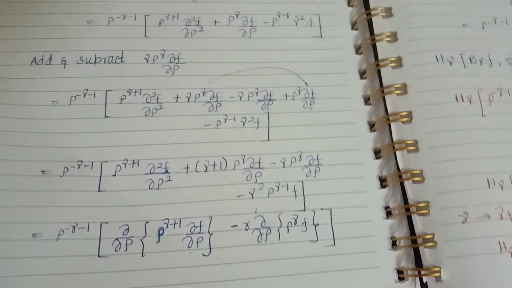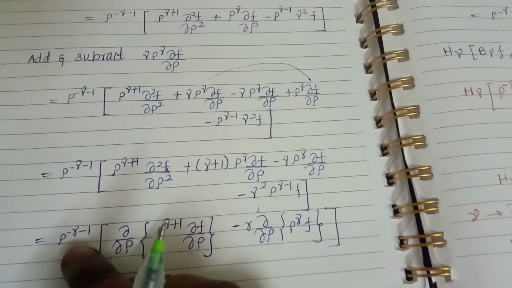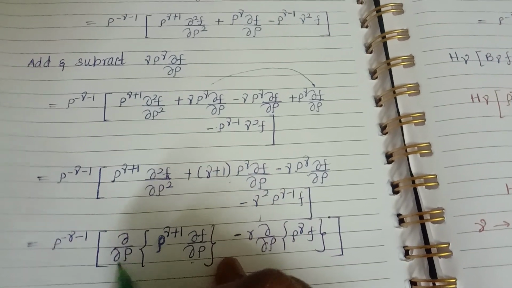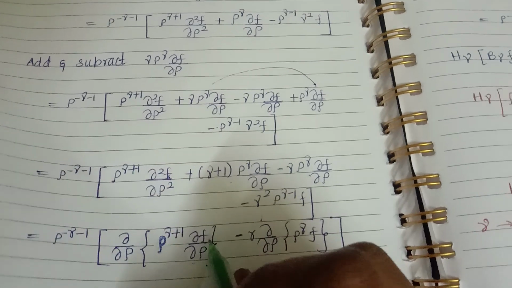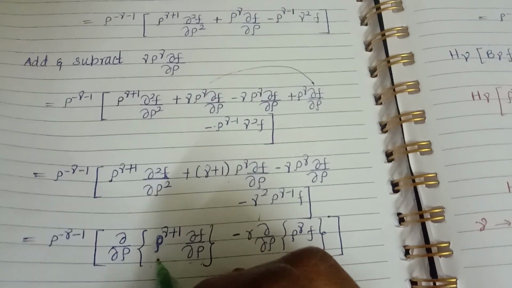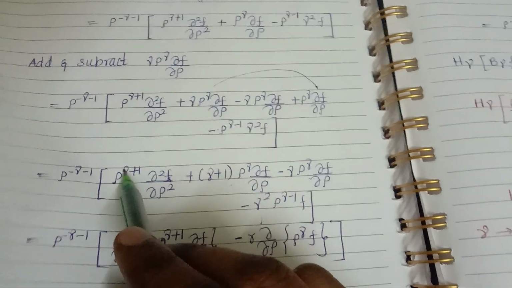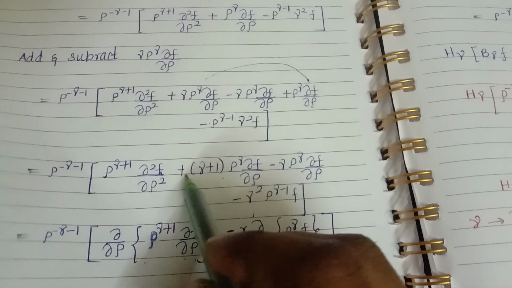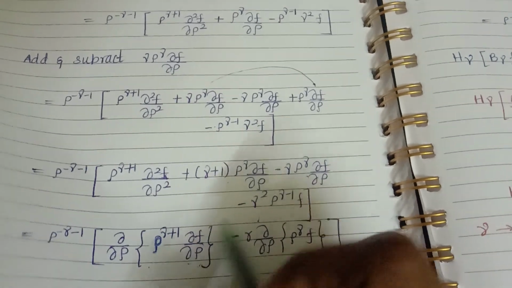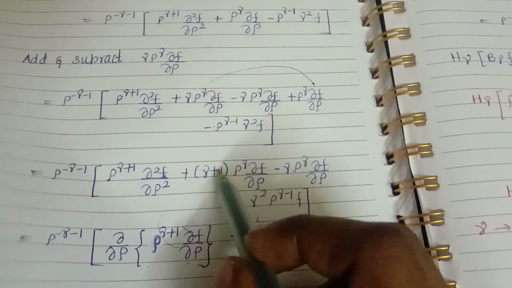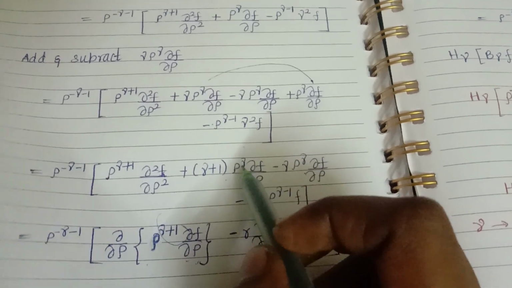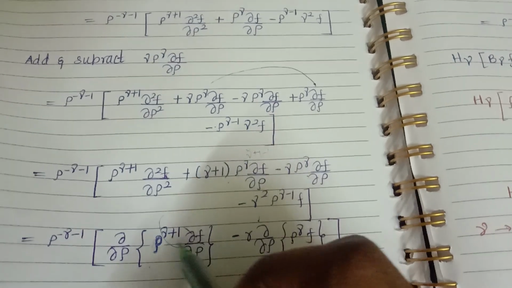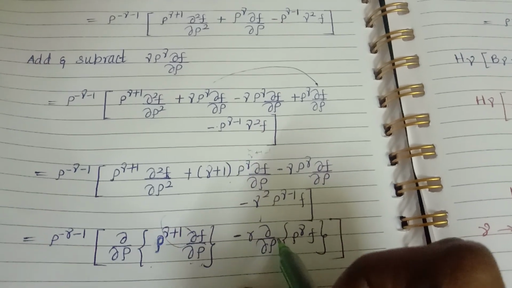So what we do, using partial differentiation, this term as it is, and if we take d by d rho of rho to the power of nu plus 1 df by d rho, if we do the derivative by the uv method, u as it is and v dash is d square f by d rho square plus, and this term as it is df by d rho, which is rho to the power of nu plus 1 minus 1, this plus 1 minus 1 getting cancelled, and rho nu term as it is.